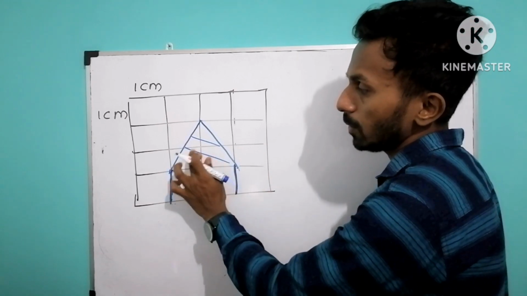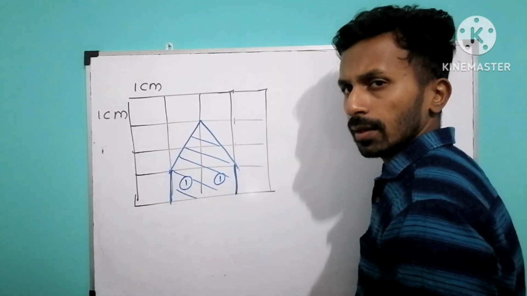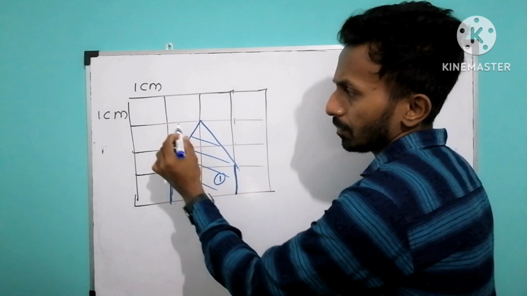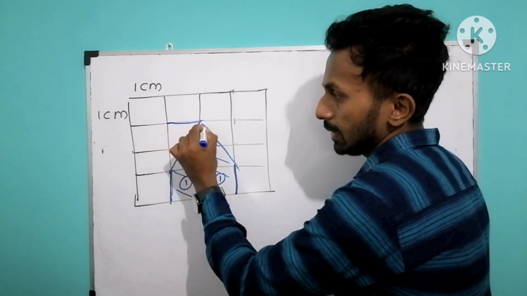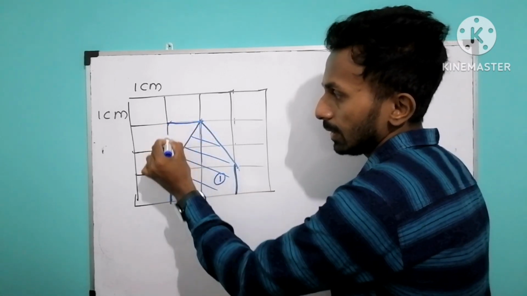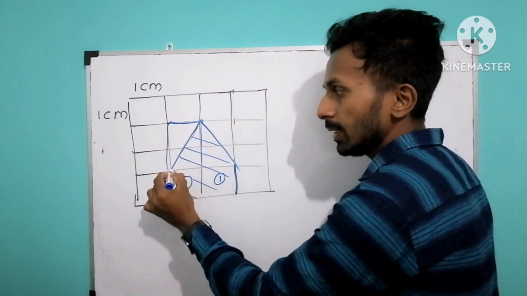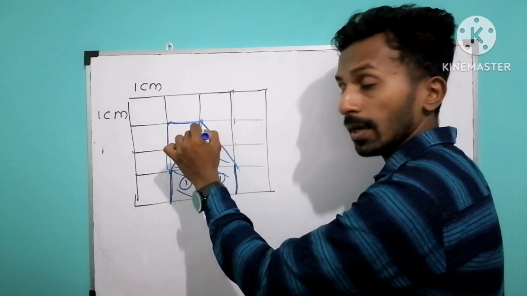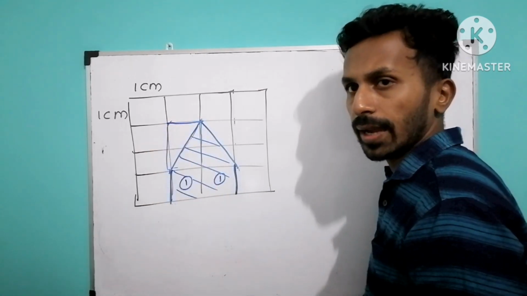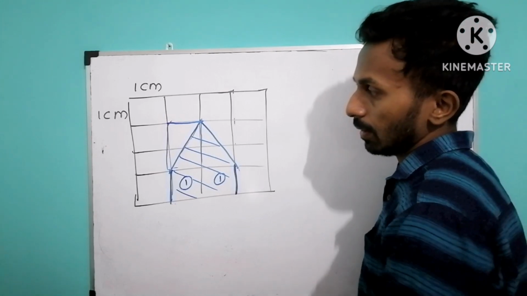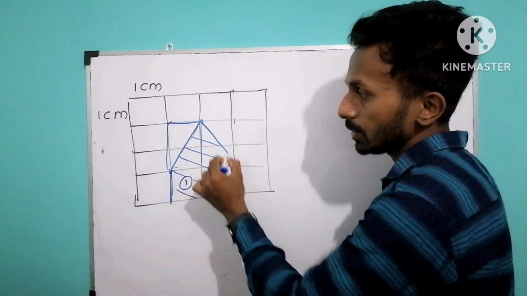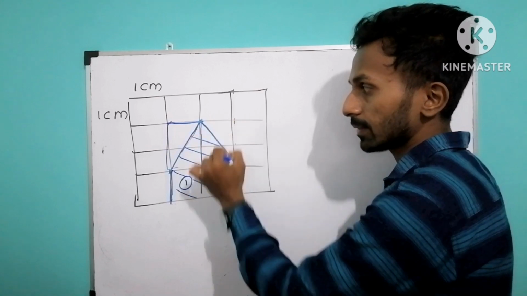And what can you say about these 4? Here I will take it like this. If I consider this rectangle, this triangle is half of the area of this rectangle. You can see here. Likewise, this is also half of this rectangle.